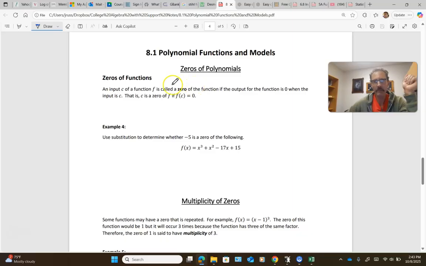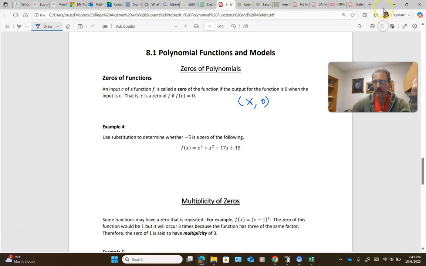So remember, a zero of any function, not just a polynomial, is just a value for x such that when you plug it into the function, you get 0. And so graphically, what this means is it's a value for x such that y is 0. Or in other words, an x-intercept.